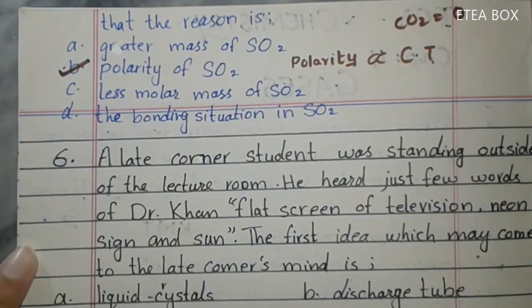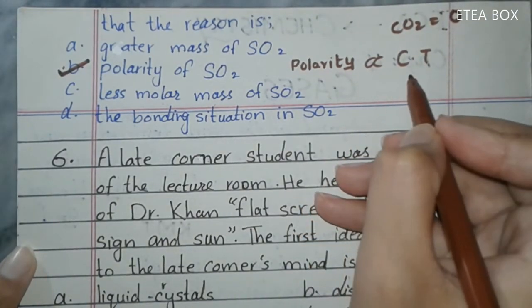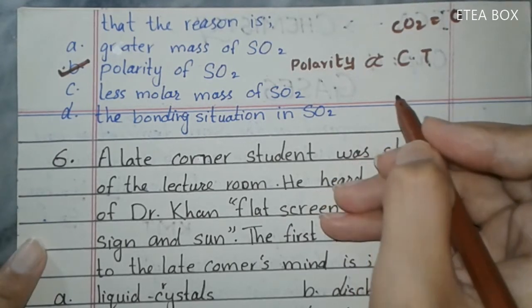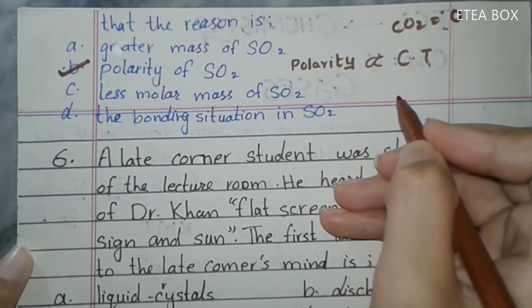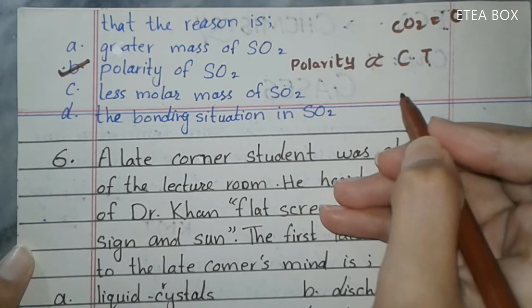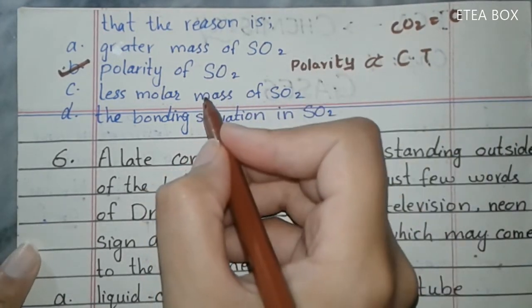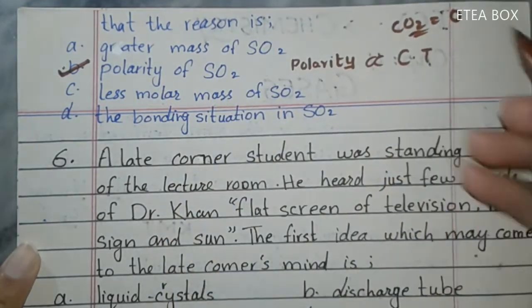The reason is that sulfur dioxide is polar, and polarity is directly proportional to critical temperature. So Dr. Khan told him that the polarity of sulfur dioxide is greater than carbon dioxide, as carbon dioxide is non-polar.